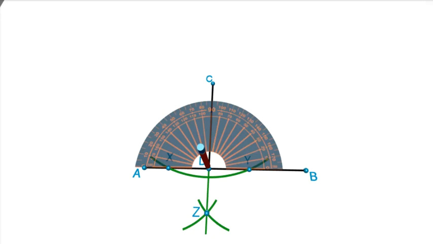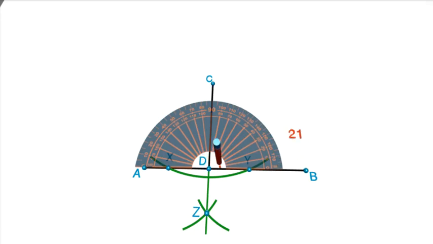So it meets AB at D. It's perpendicular and it meets AB at D. If we measure the angle BDC using the outer scale of the protractor, I should end up with 90 degrees.